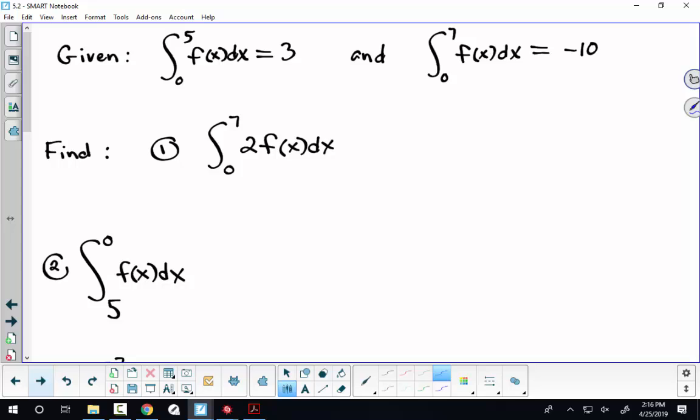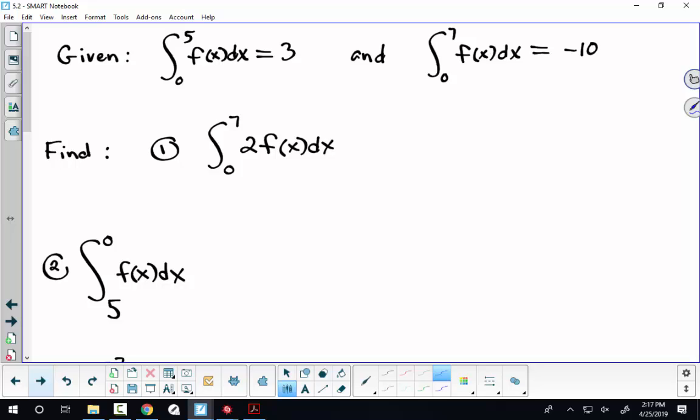All right, so an example there to work with some of those properties. We're given the integral from 0 to 5 on the function is 3, and 0 to 7 is negative 10. We want to find a few things. First, the integral from 0 to 7 on 2 times f of x. So the integral from 0 to 7, 2 times f of x dx would give us what? 6.